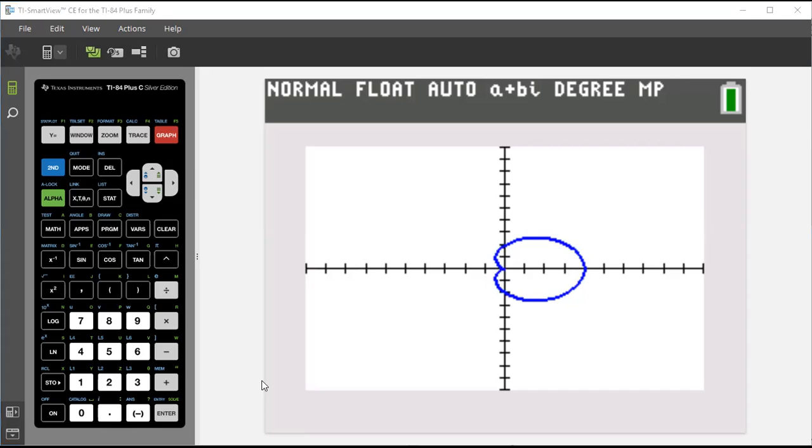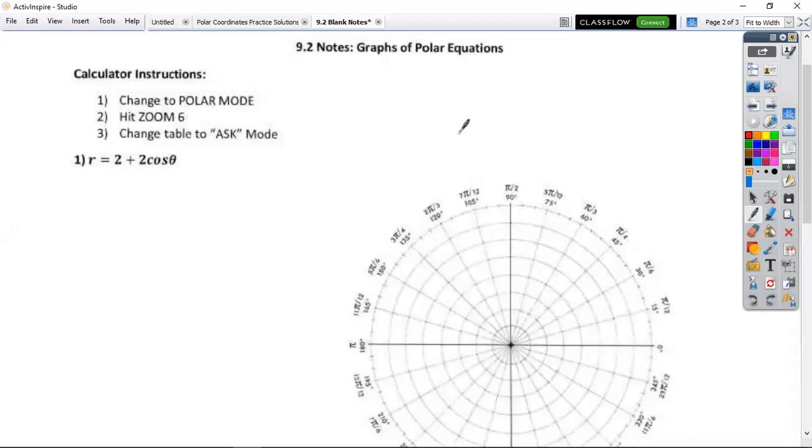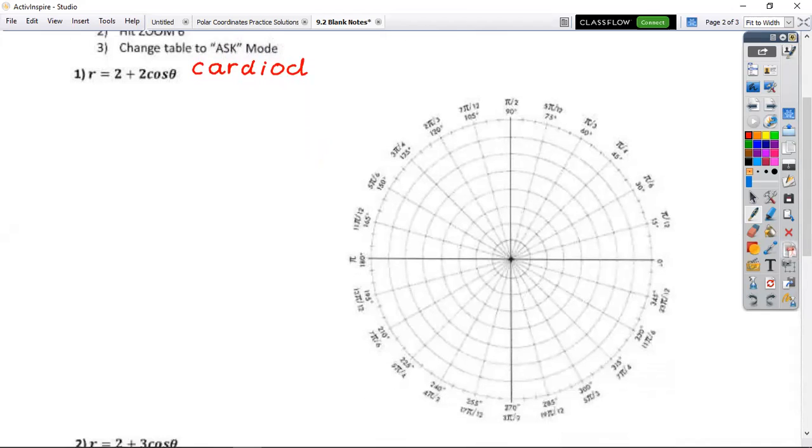So I'm going to go back here, and this first graph, the classification is a cardioid. So this is a cardioid. And I'm going to set up your table here first, and then we'll put all your values inside of it.